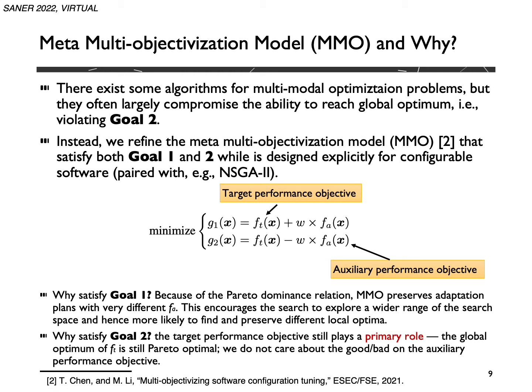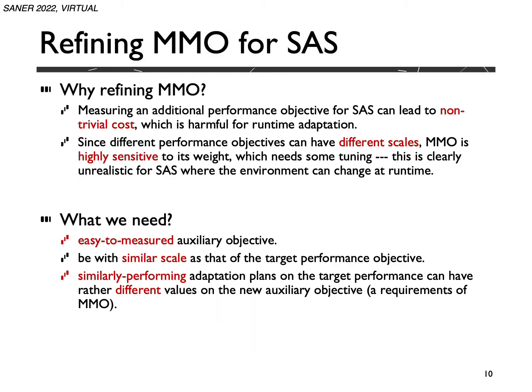And why does it satisfy goal 2? That is because the global optimal of the target performance objective is still Pareto optimal in this case. Therefore, we still preserve the possibility to reach the best one.